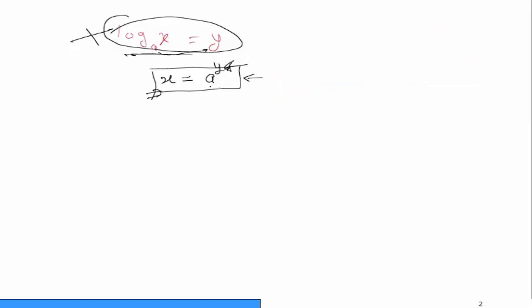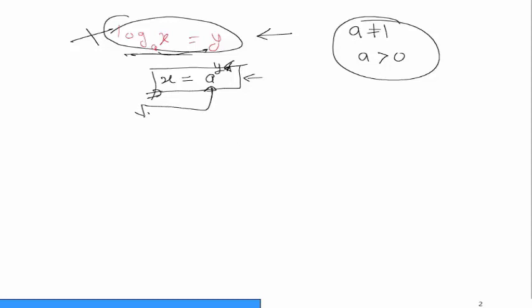In this one, for the base a, whatever it is, for logarithmic functions always remember a should not be equal to 1. We also have one more condition, a has to be greater than 0. So if a is not equal to 1 and a is greater than 0, a has two possibilities. a could be greater than 1, or a could be less than 1 and greater than 0.